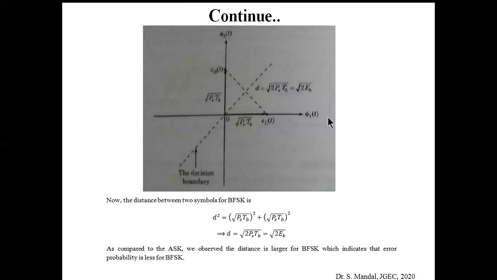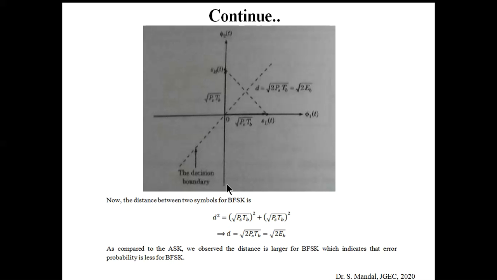Sorry, this one becomes inversed, that means this one should be SHT and this one would be SLT. So you can see that this point is root over PsTb, and this point is root over PsTb.